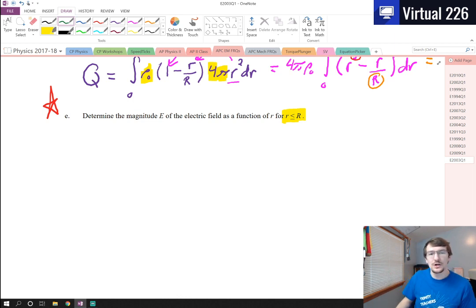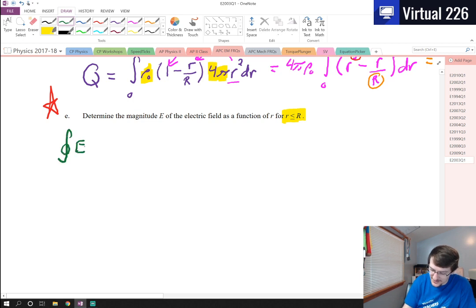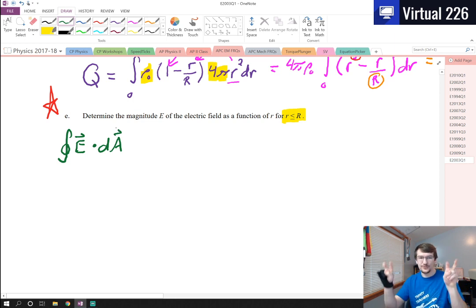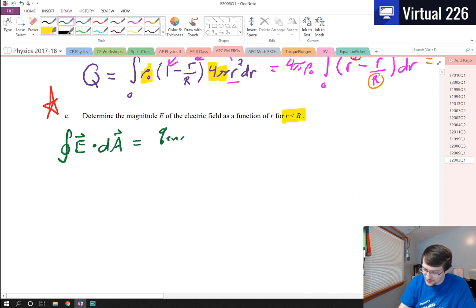In the end, though, this is still a Gauss's law problem because we're looking for an electric field within some charge distribution. So the first thing that we should do is write that the closed integral of the electric field dotted with some area, that's going to be our sphere because we're in a spherical distribution, we've done a lot of these, is equal to the charge enclosed over epsilon naught.